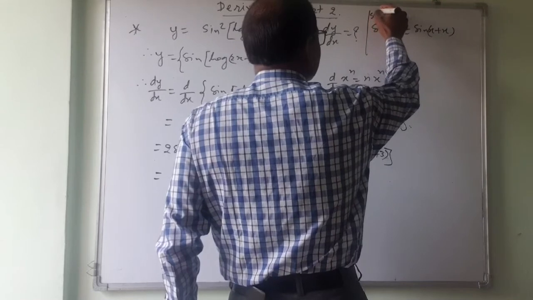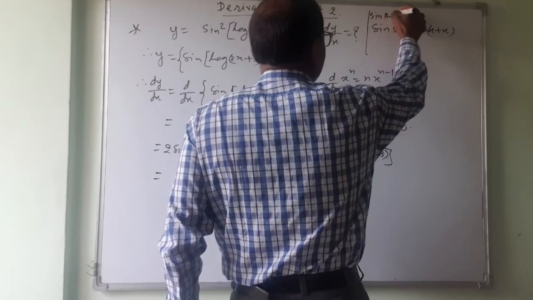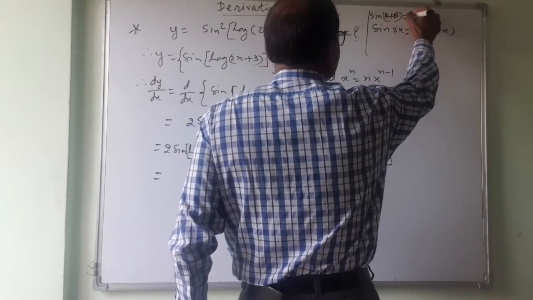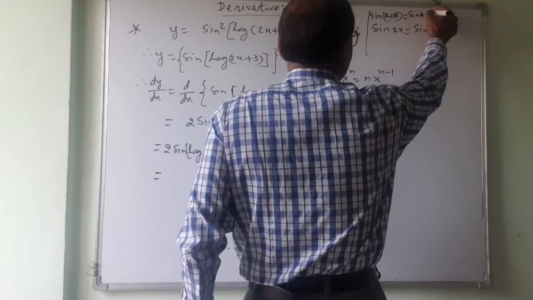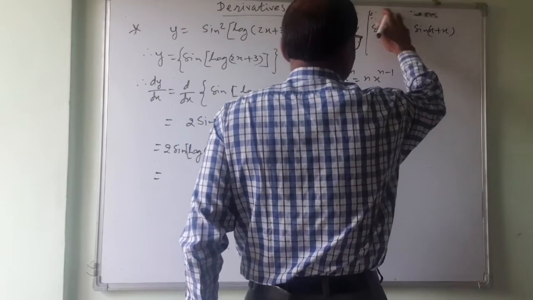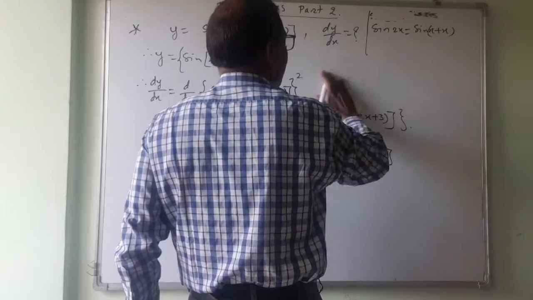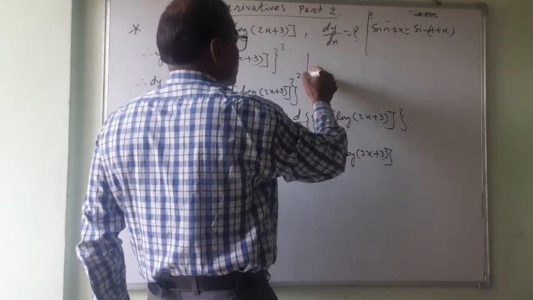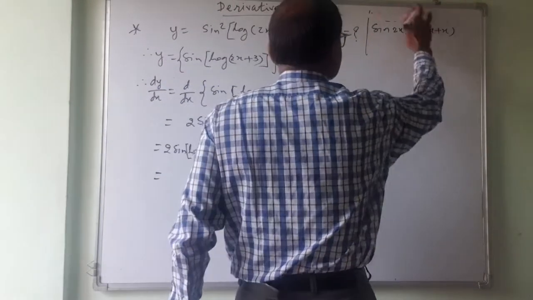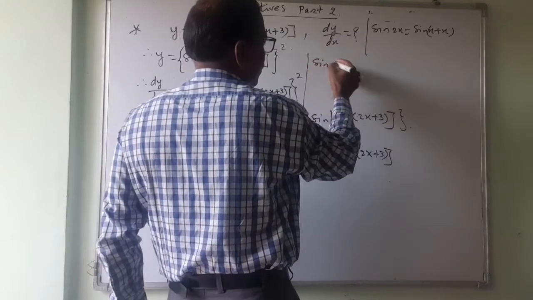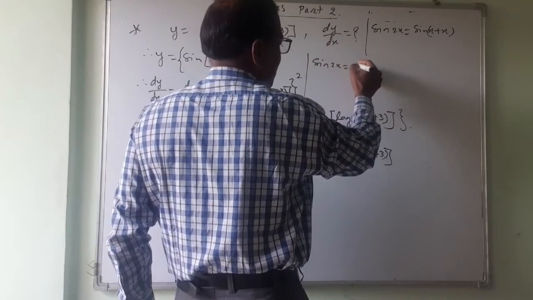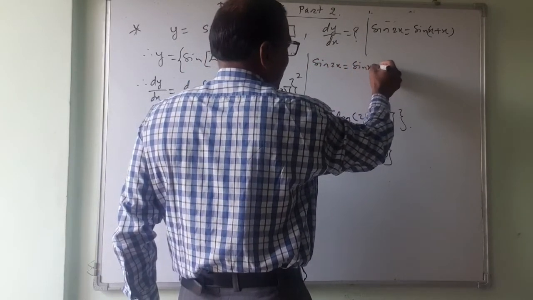For sine of a plus b, I should know the formula. I will write this here somewhere, because this is a very important relation. Sine of 2x is nothing but sine of x plus x.